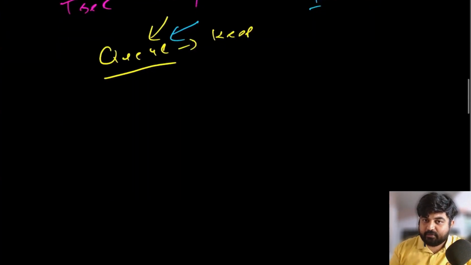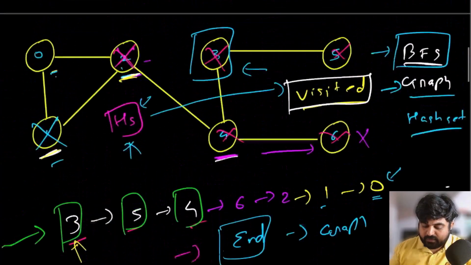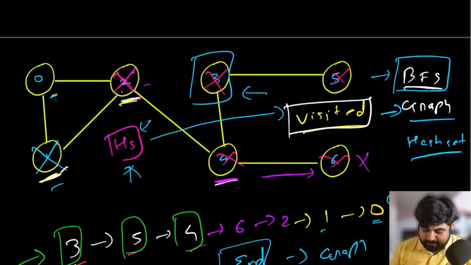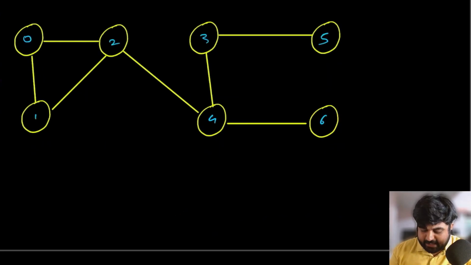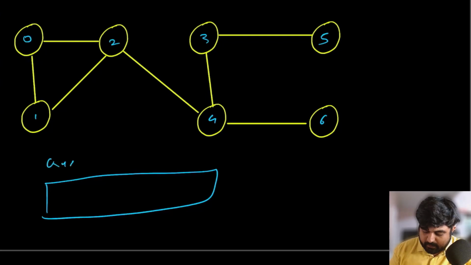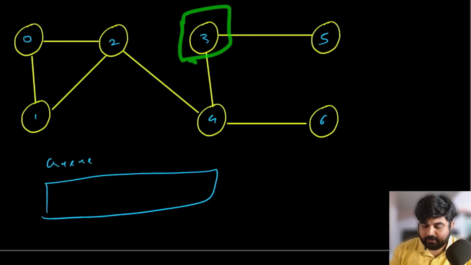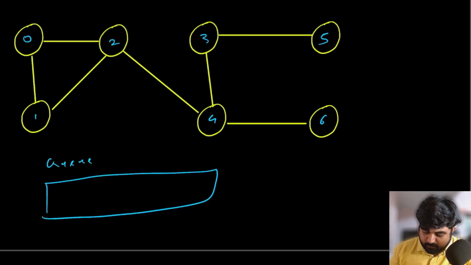Now let me give you a quick demo on how a queue would work, and we are going to use the same example. So let me clean this up a bit. For the same example, we are going to use a queue. First, imagine we are starting our iteration from value number 3, so we populate the queue with value 3.